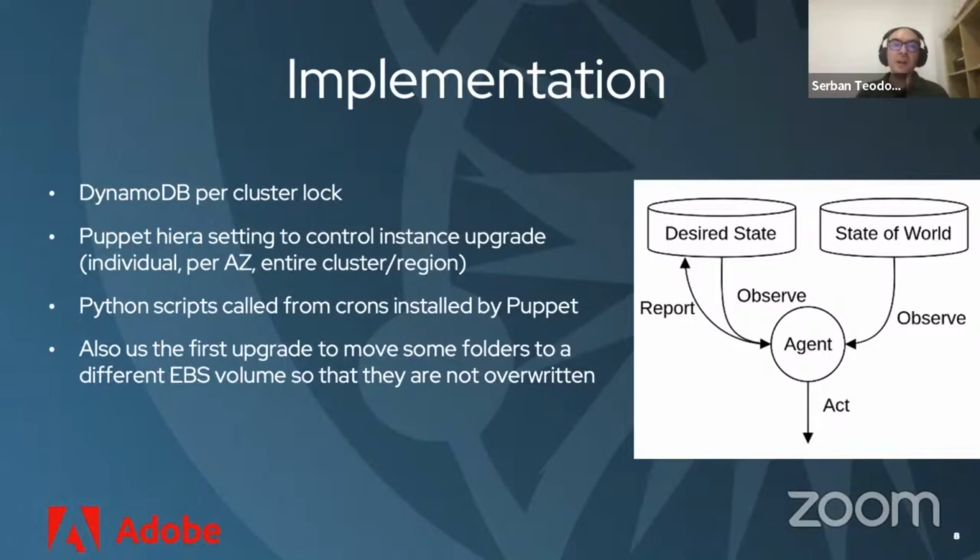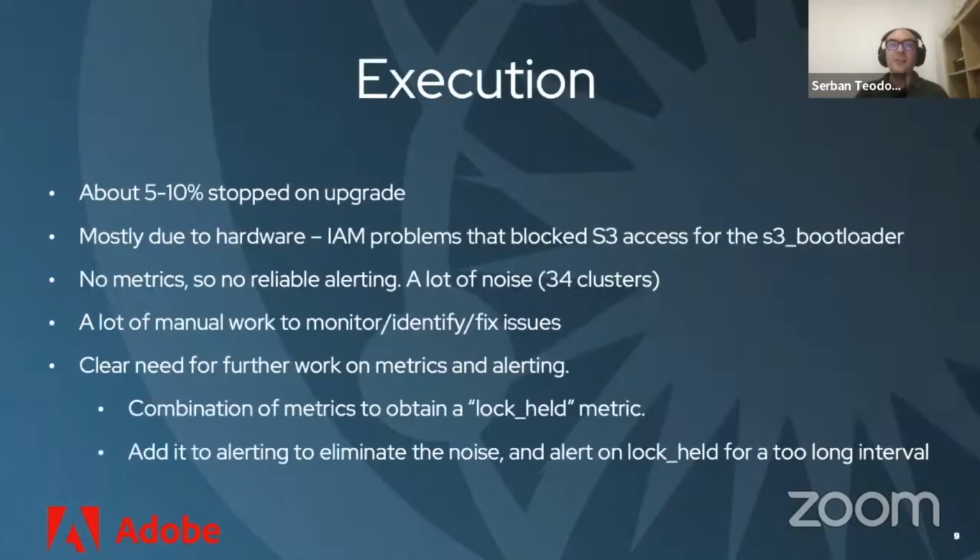We are already using Puppet and using that to control which instances are going to be upgraded, per instance, per availability zone or the entire cluster, and a bunch of Python scripts called from crontabs installed by Puppet. And as a note, on the first upgrade, we had to move some folders to a different EBS volume so that between replacements, some data is being kept, such as logs or instance names and so on.